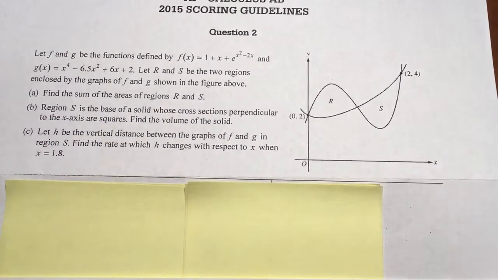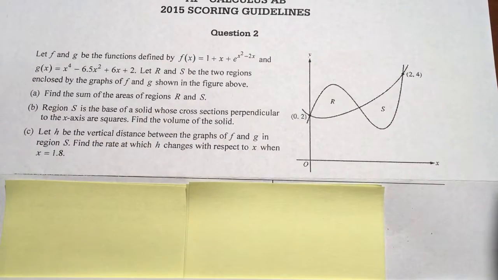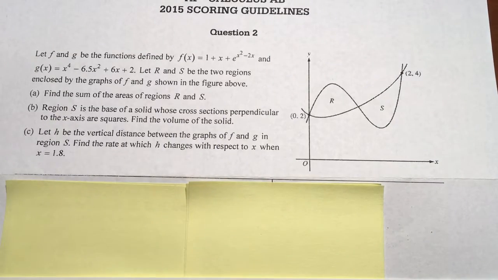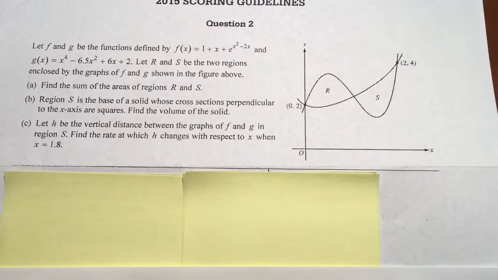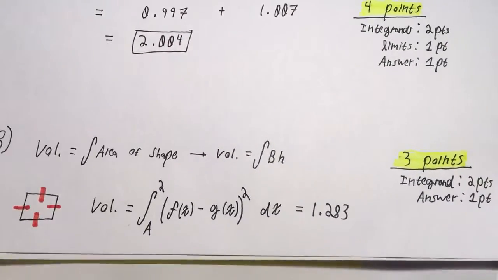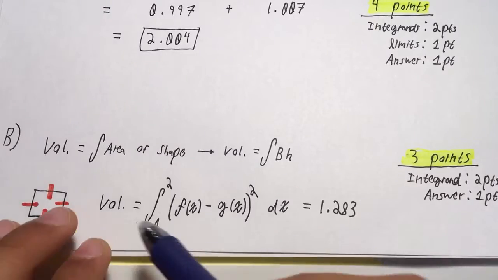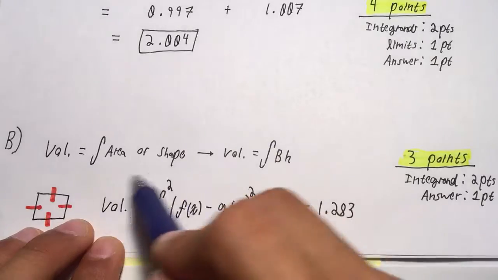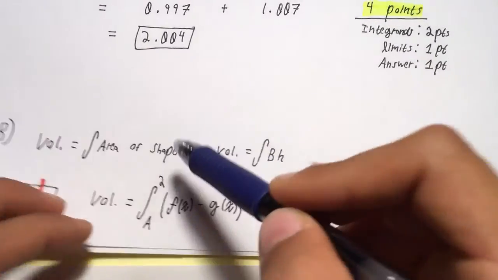Part B is asking for volume by cross-sections. Cross-sections that are perpendicular to the x-axis, which are squares. Now, as I mentioned in other videos, I never memorize a set formula for these cross-sections. I just tell myself the volume is equal to the integral of the area of the shape.